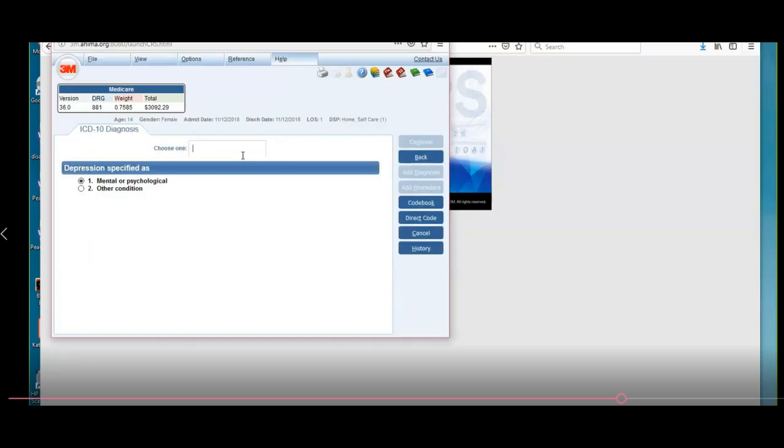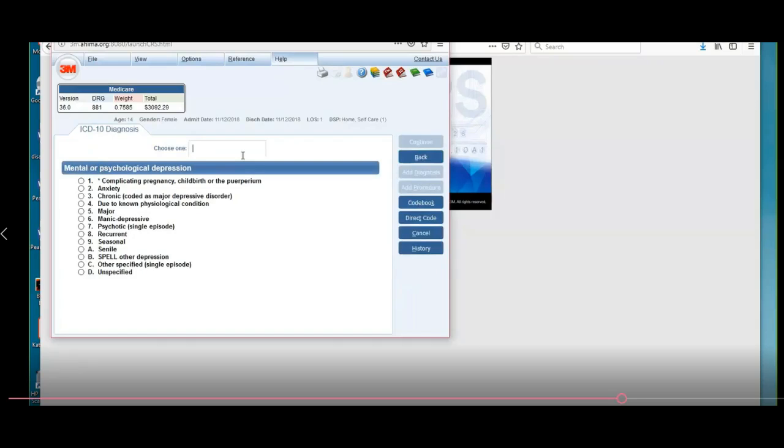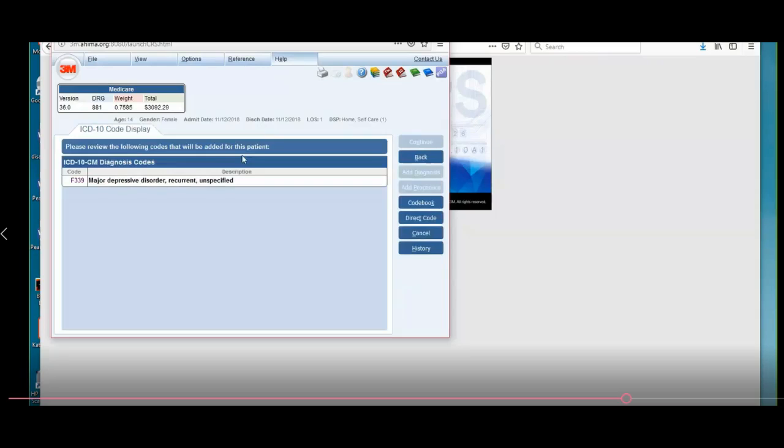And it was a mental. And our patient's documentation said it was a major. And it's recurrent, so I'm going to pick 8. She didn't really have any psychotic features. So I'm going to pick 6, unspecified.